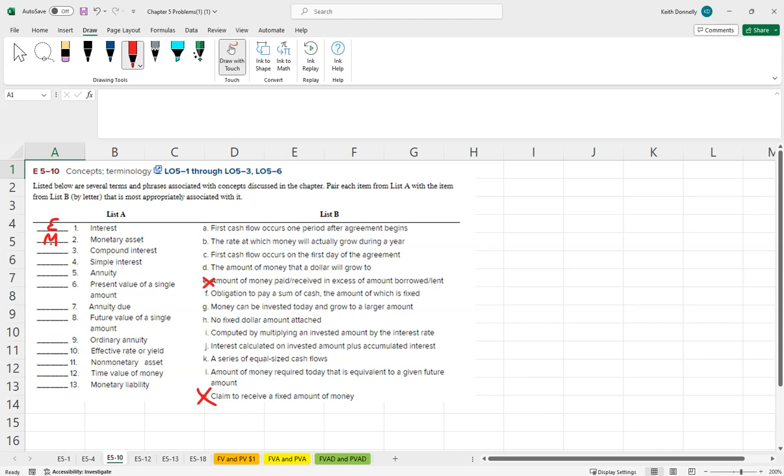Compound interest, J: interest calculated on invested amount plus accumulated interest. It compounds, builds upon itself. Simple interest, in distinction, is I, computed by multiplying the invested amount by the interest rate.